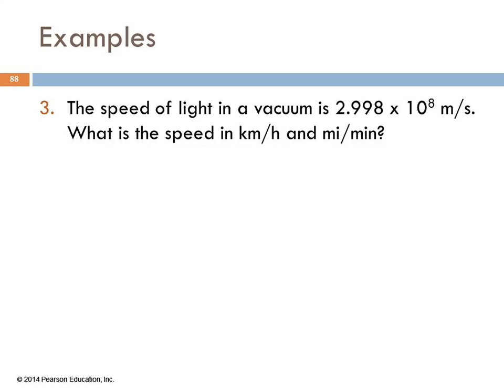So what we're starting with is meters per second. We're going to have a path on the top and a path on the bottom. I want to end up with kilometers per hour. Can I convert meters to kilometers? Yes.